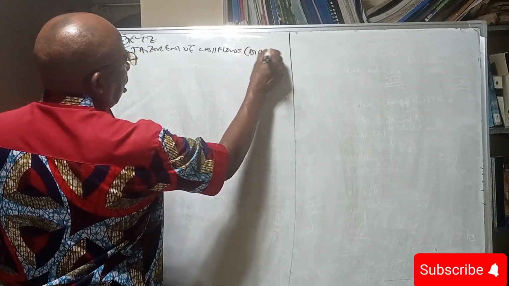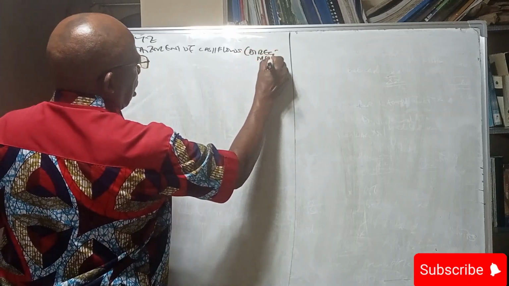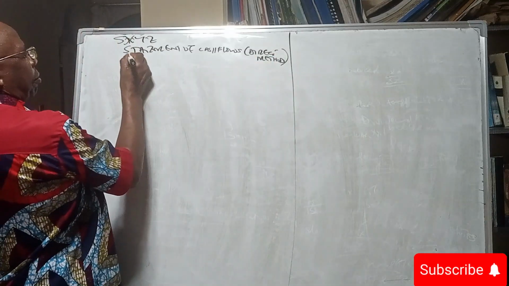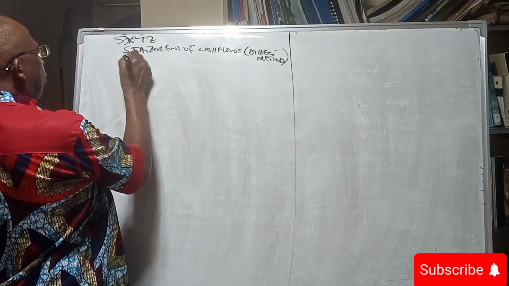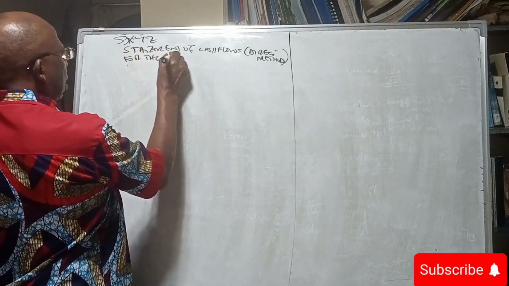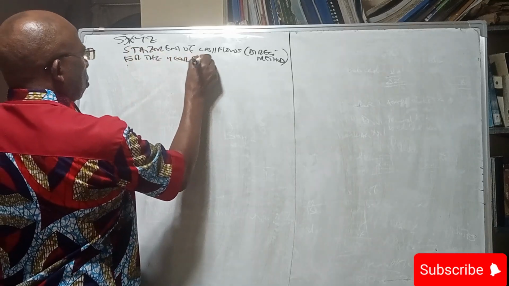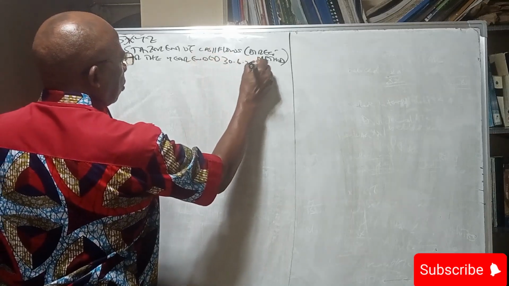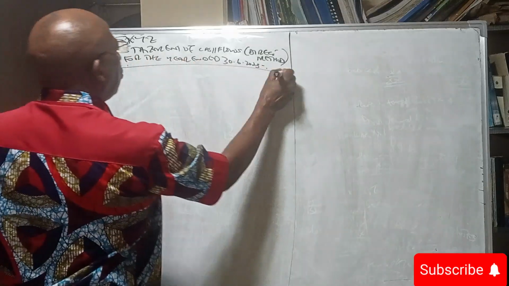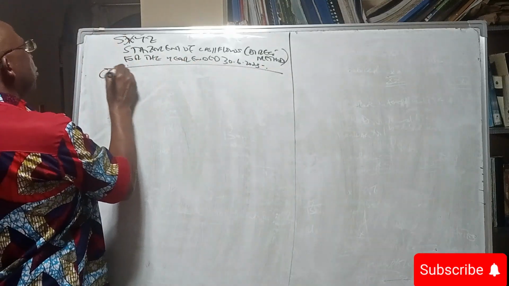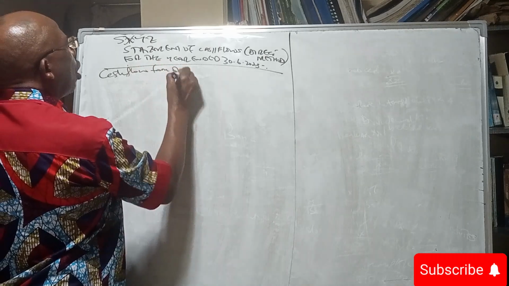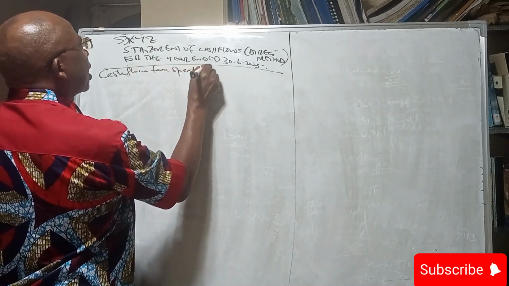This is the format for the year ended June 30th, 2025. So we say cash flow from operating activities.